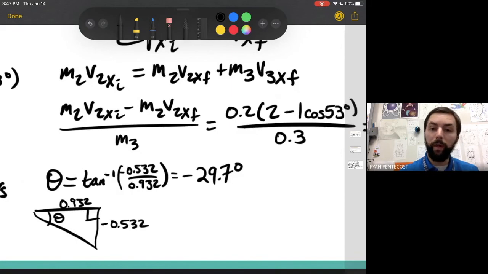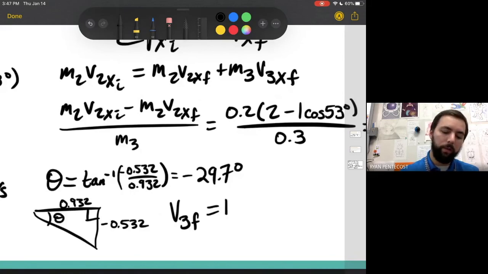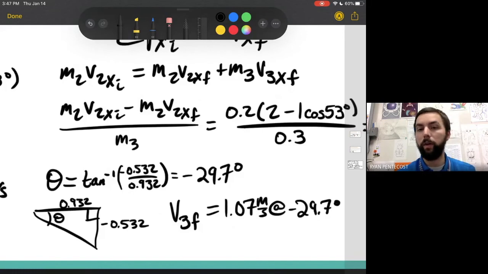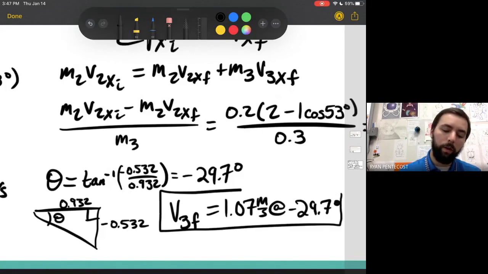Since we're in 2 dimensions, your velocity is a vector. It has to have the direction with it. So your V3 final, the velocity of the 0.3 kilogram puck after the collision, is 1.07 meters per second at negative 29.7 degrees, or you could say 29.7 degrees below the x-axis. Either is suitable.